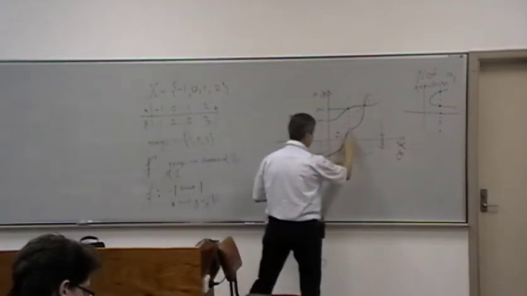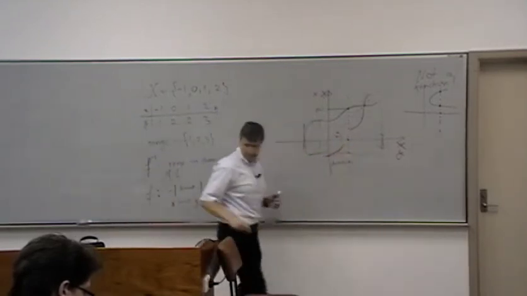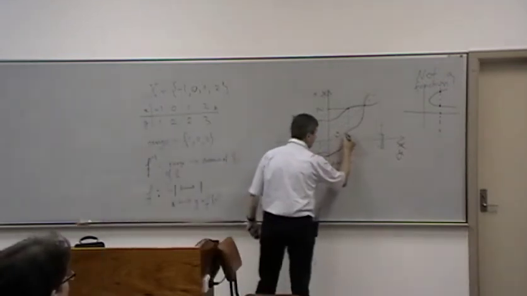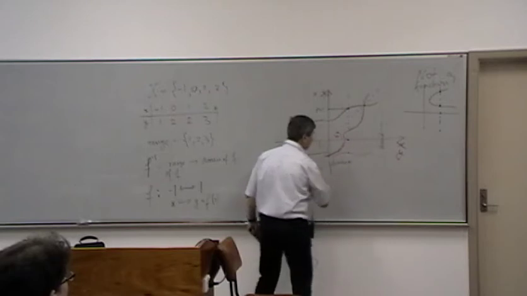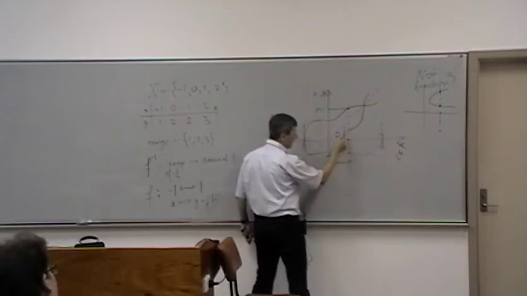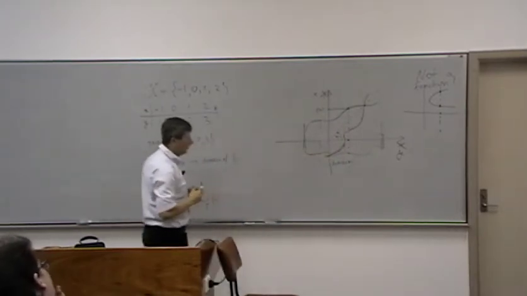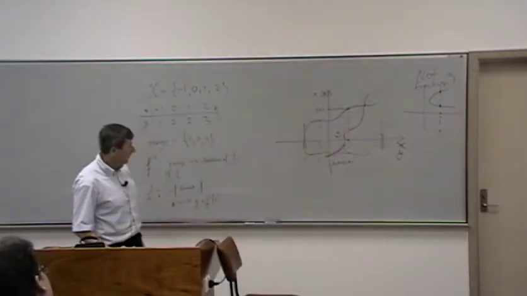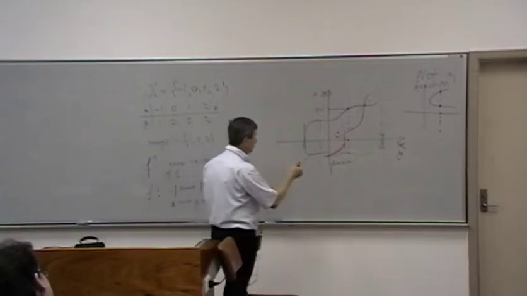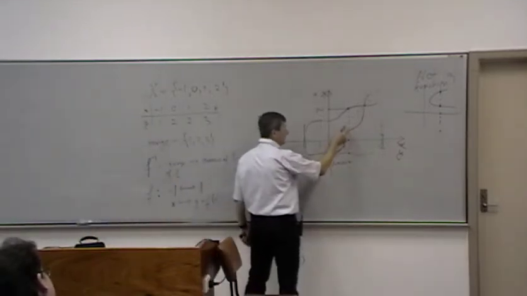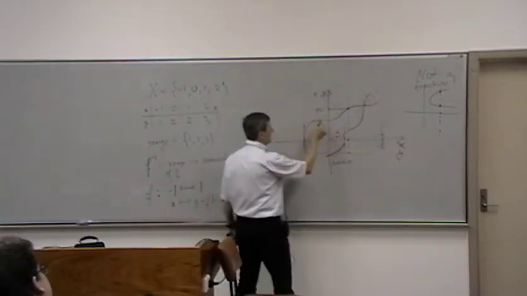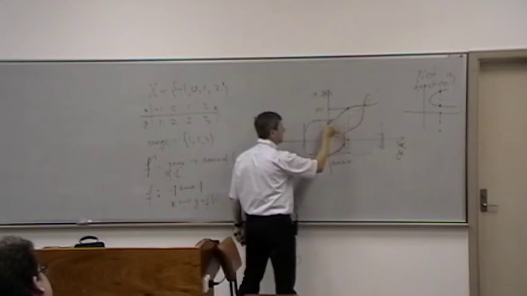In this case, the picture also should express this, something like this. So you see here the vertical test does not work. What I think would be the graph of the inverse function is not really the graph of a function. The reason is that the vertical test does not hold because of the horizontal line test.